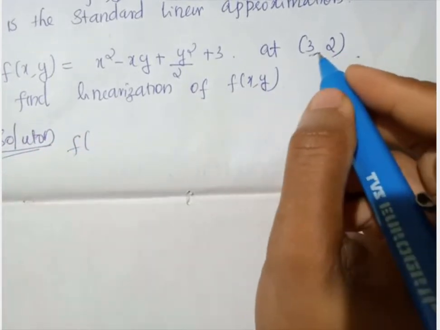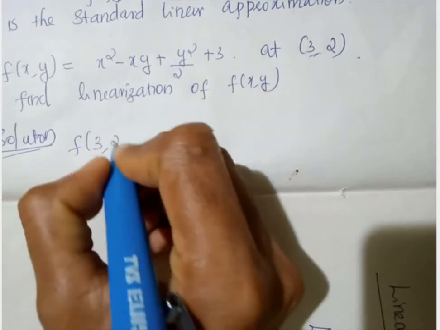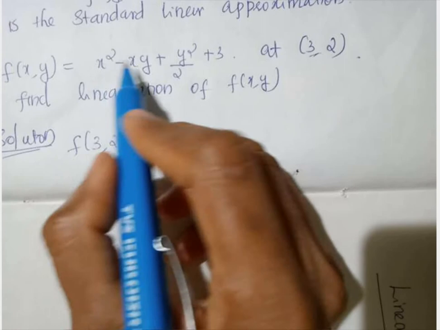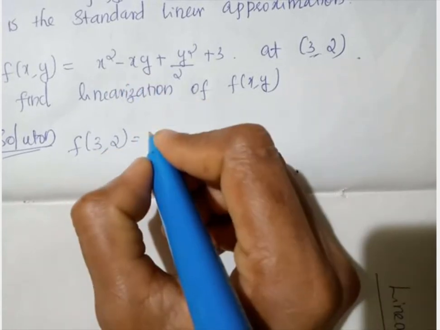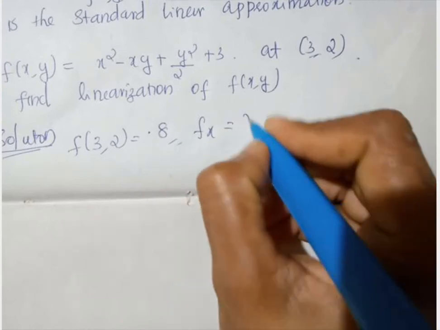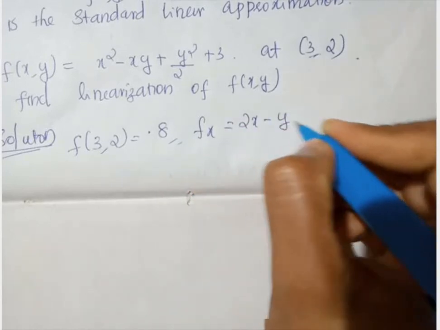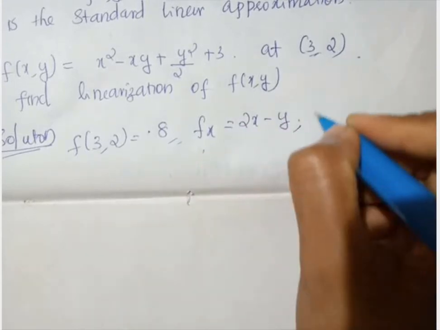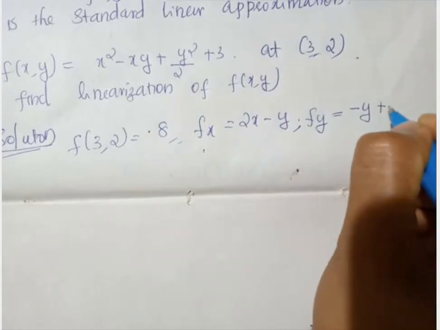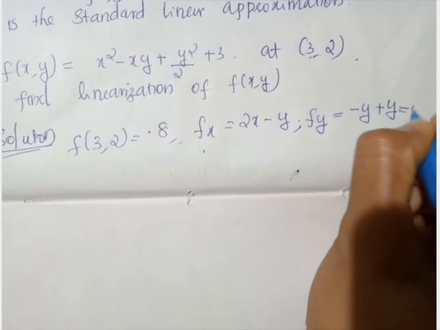So f of 3, 2 is equal to, substituting x equal to 3 and y equal to 2 here, you will get 8. What is fx? 2x minus y.